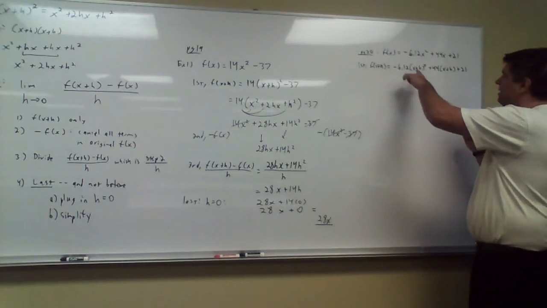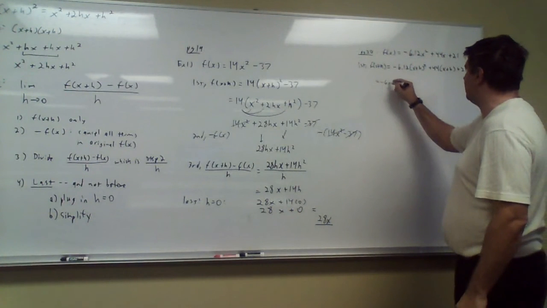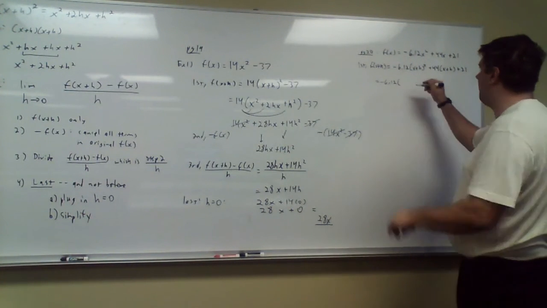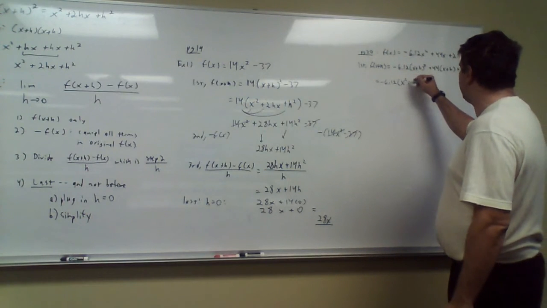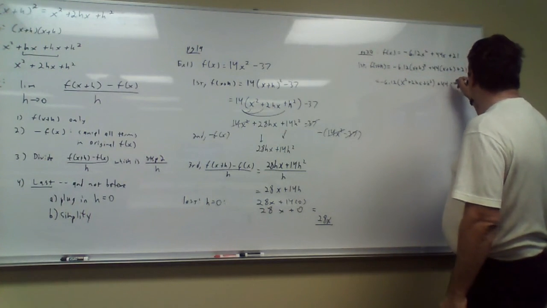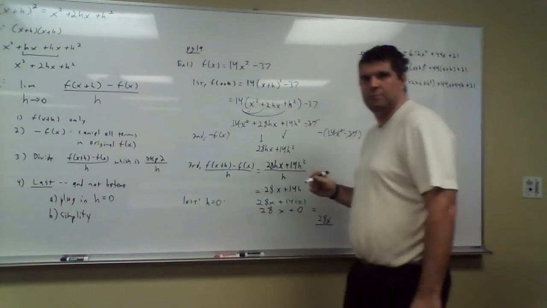Okay, so I'm going to plug in x plus h for x. That's going to give me negative 6.12 times x squared plus 2hx plus h squared plus 44x plus 44h plus 21. Okay.